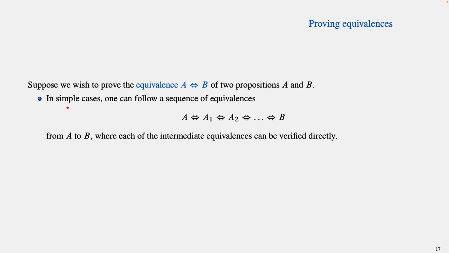The first one is suited for easy cases, where you can simply follow a sequence of equivalences. A is equivalent to A1, equivalent to A2, until we get to some equivalence that is easily shown to be equivalent to B. So here we assume that each of these intermediate equivalences can be easily verified directly.